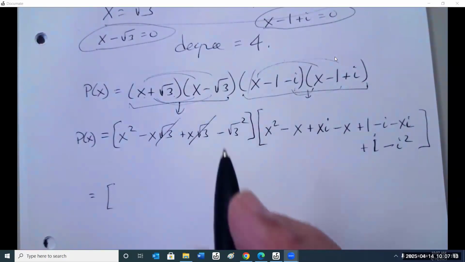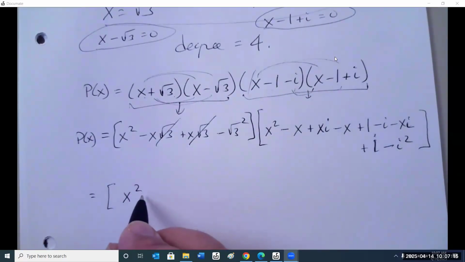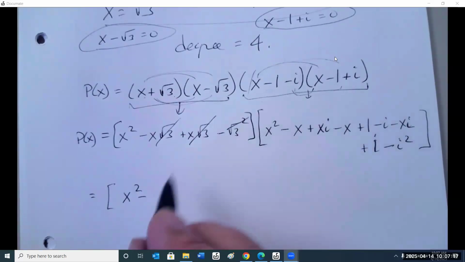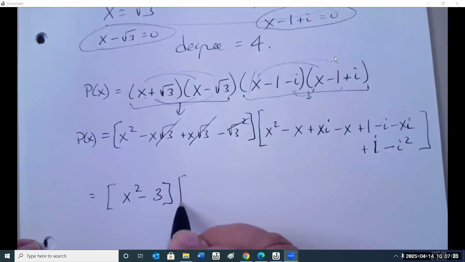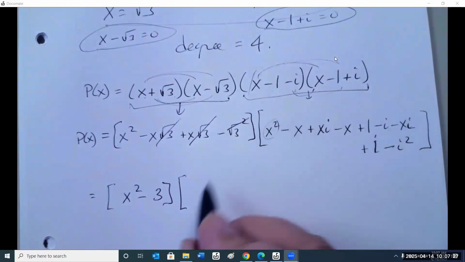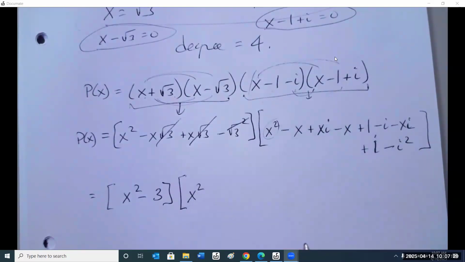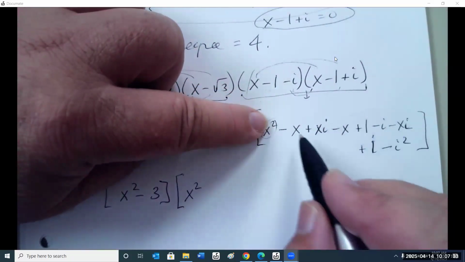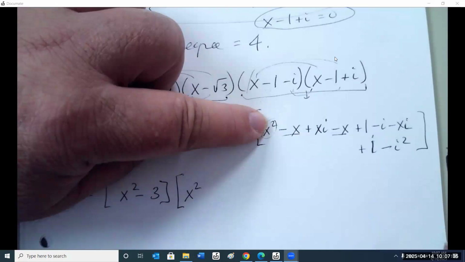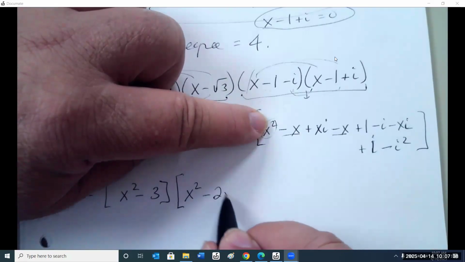The middle terms cancel. We have x squared minus radical 3 squared, so we have x squared minus 3. Second one: x squared. Combine like terms. Negative x, negative x is negative 2x.